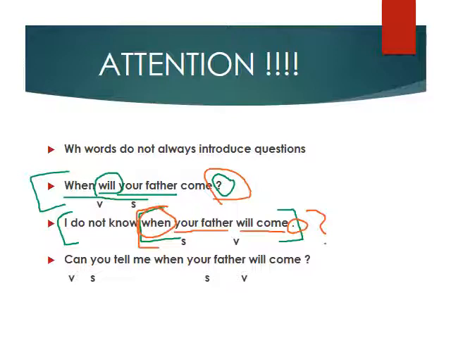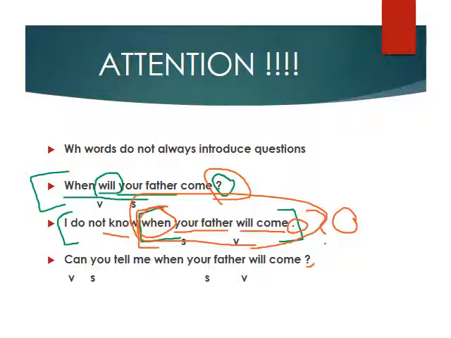Here, I don't know when your father will come. When your father will come is an object, a complement after the verb. It's in the place of the object. It's a noun clause, okay? So it is not a question, and you can easily recognize that because there is no question mark. Fine.